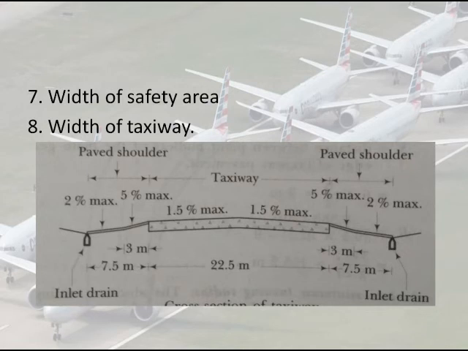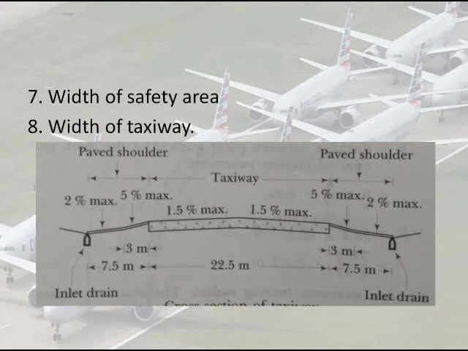With the arrival of jet aircraft, it became necessary to protect the shoulders from soil erosion due to the high speed of the jet exhaust. It is therefore suggested that a minimum width of 7.5 meters of shoulders adjacent to the pavement edge should be paved with a light strength material with the following particulars.